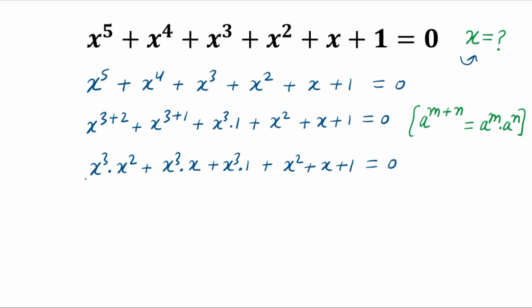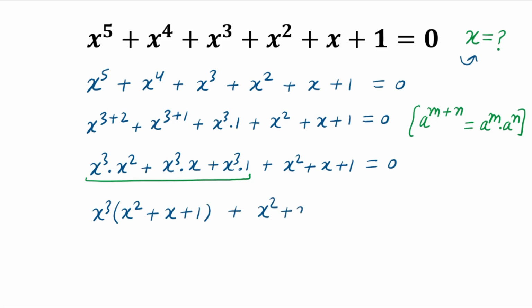Look carefully at these three terms. Here x power 3 is common. If we take common x cube, then you will get here x square plus x plus 1, plus x square plus x plus 1 is equals to 0. Now here common factor is x square plus x plus 1.